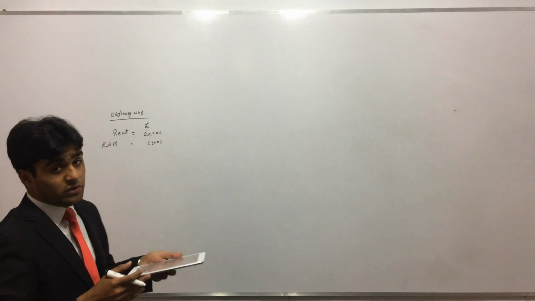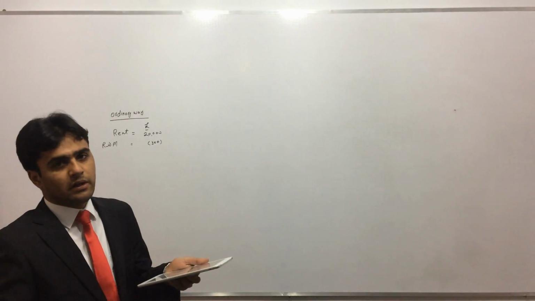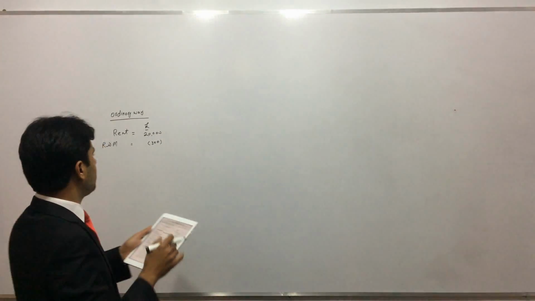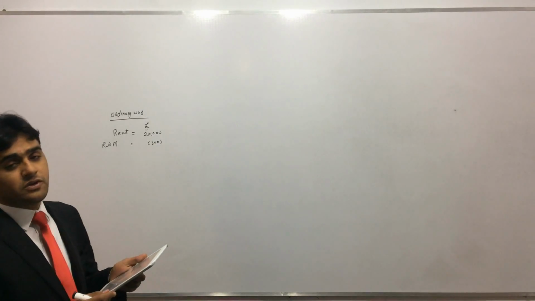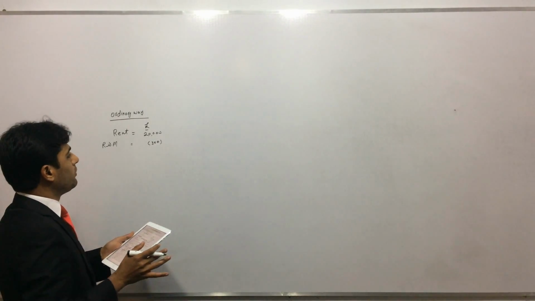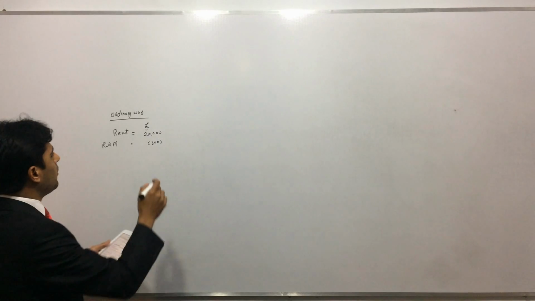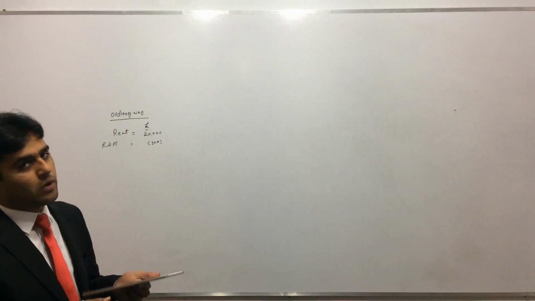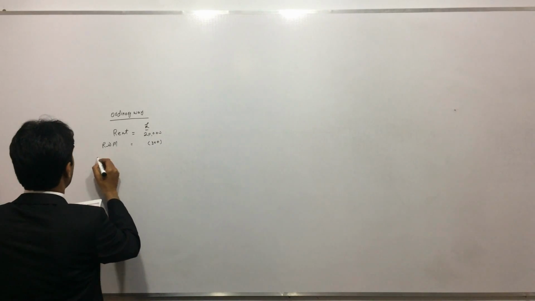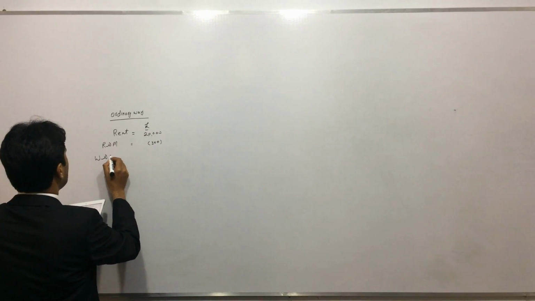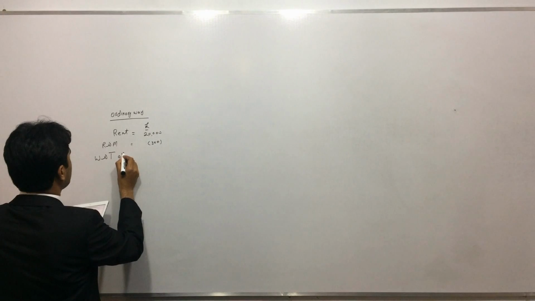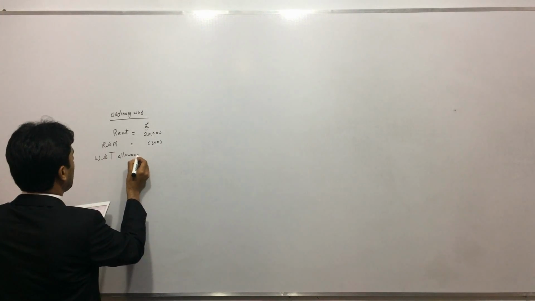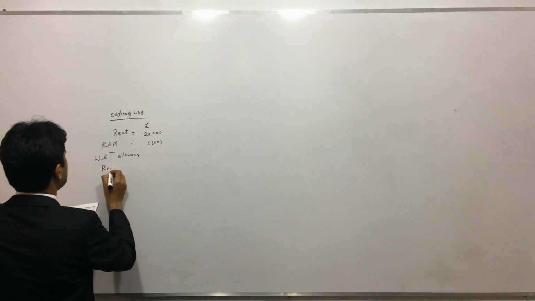Is there any given in the question? I think there isn't anything else. There is no expense given as far as the wear and tear allowance is concerned. So I told you that if there are no expenses at all, we just take the straight 10% off the rent because there are no expenses to deduct out of it. So we will take the wear and tear allowance, W&T allowance, and we have to take the rent.